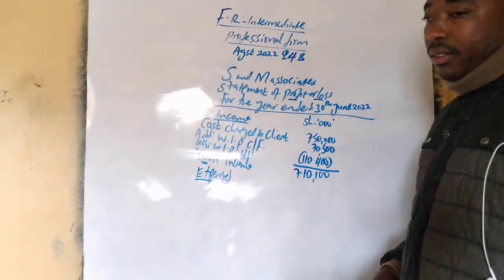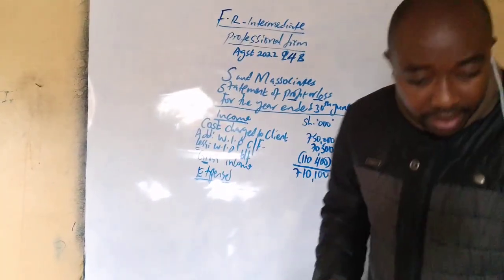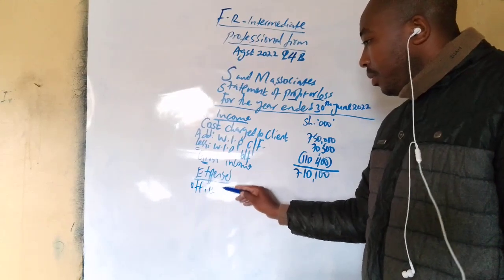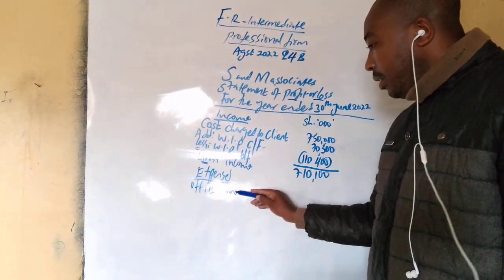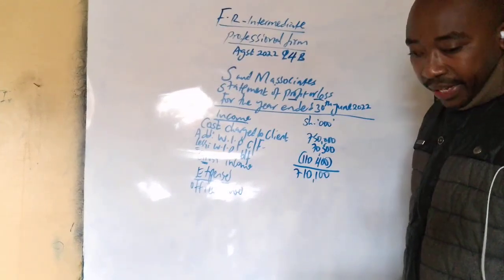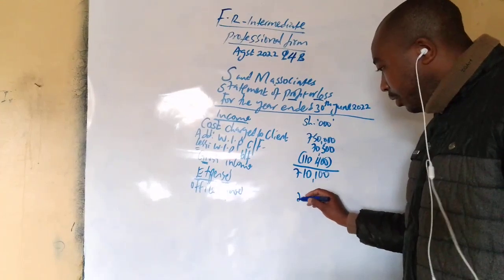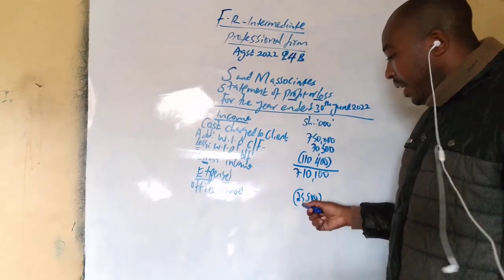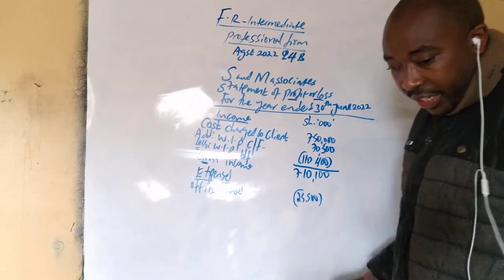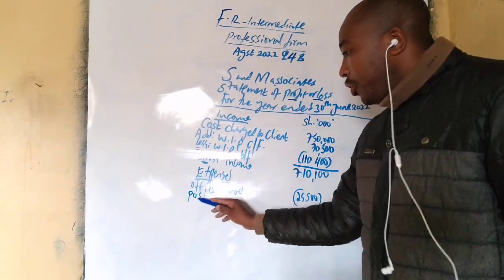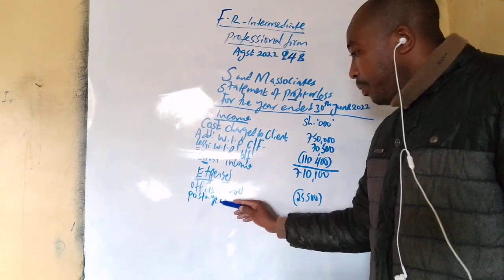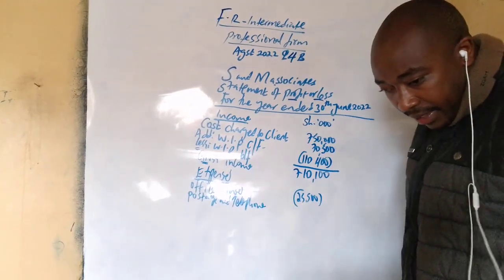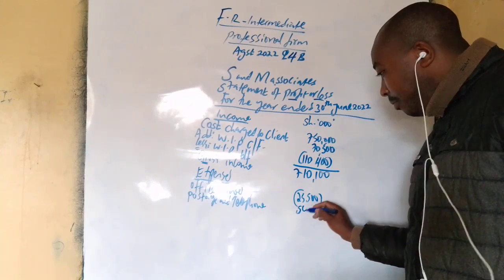And expenses, we are given there. We have office expenses, I can see it there. We can record directly here, it is 25,500. Remember when we are minusing, we use brackets. Then we have postage and telephone, and it is amounting to 54,600.